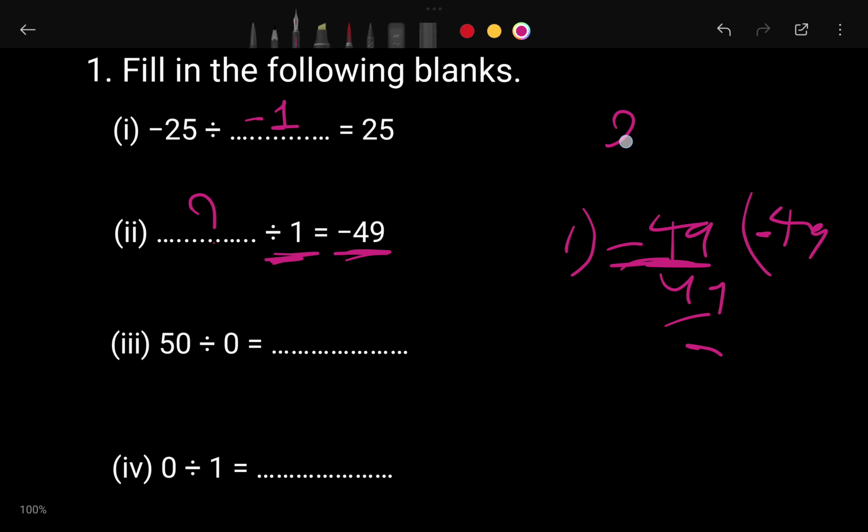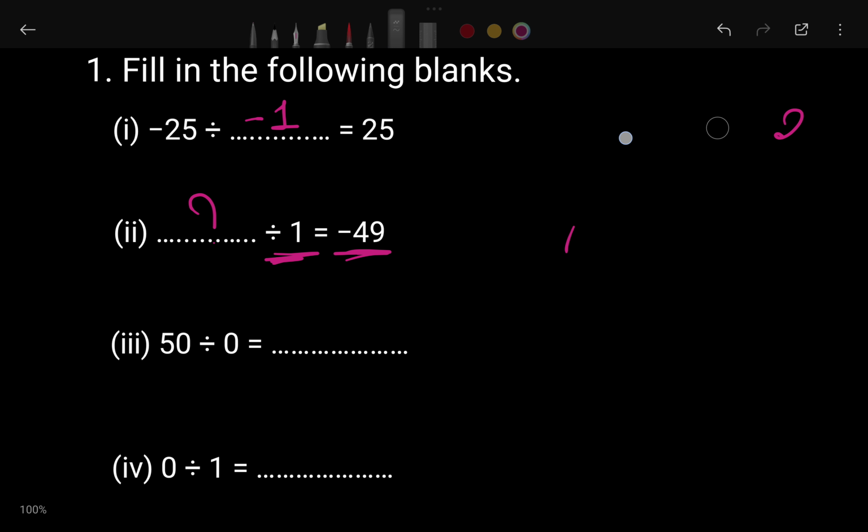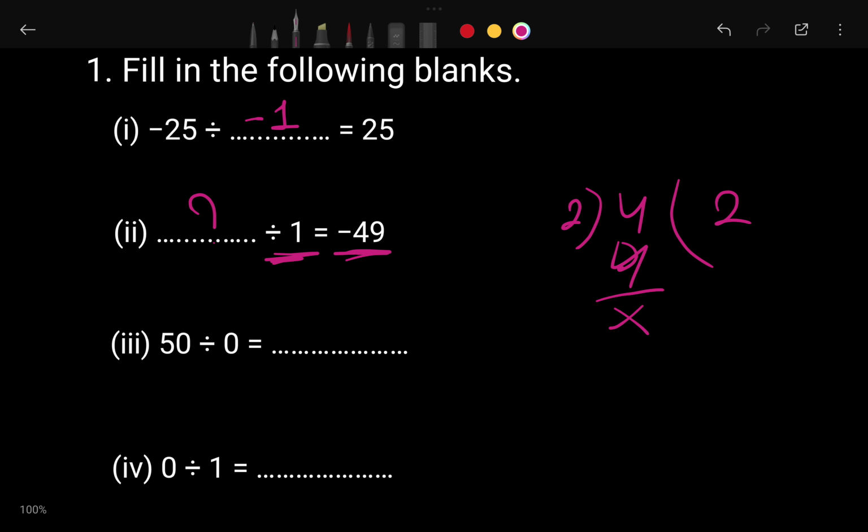I can tell you this in a simple way. If it is 2 and 4, and you divide 4 by 2, 2 twos are 4, and it cancels directly. But when it is minus 4, the answer is not 2, because 2 twos are 4 but not minus 4. If you put minus 2, then it is minus 4.